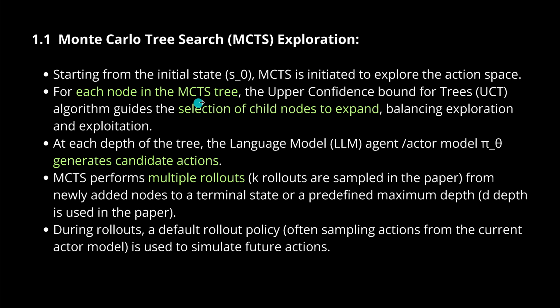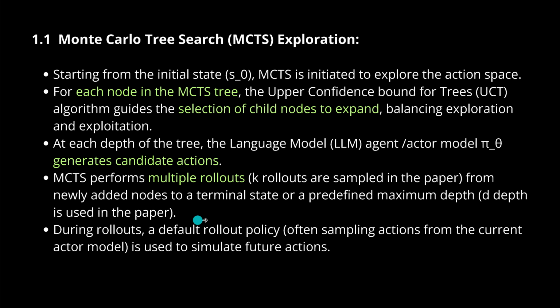For each node in the tree, the Upper Confidence Bound for Trees algorithm guides the selection of the child node to expand. Beautiful. And then we have our actor model pi sub theta. This now generates the actions. You know, in classical Monte Carlo Tree Search, we have multiple rollouts defined by the parameter k, from the newly added node to a terminal state or a predefined maximum depth.